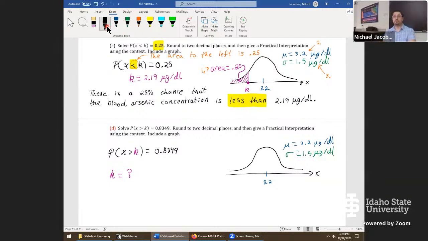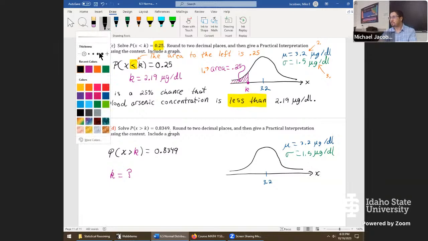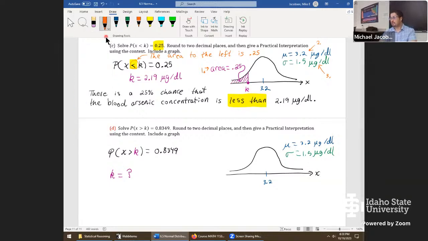Okay, so finally, that's our whole graph. Now let's analyze the situation just a little bit closer. The greater than case says the area, now this time it's not to the left. We only said to the left because of the less than sign there. The area to the right is 0.8349.